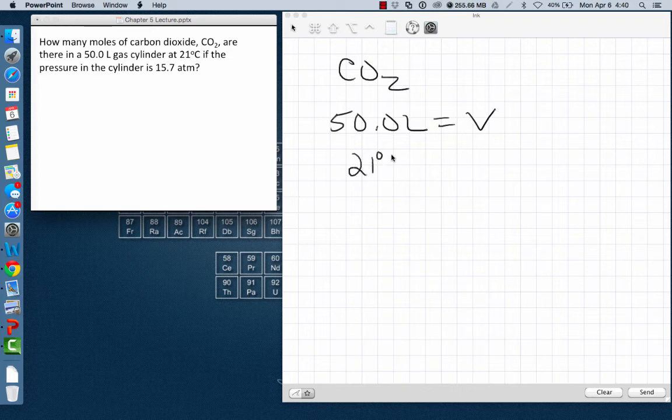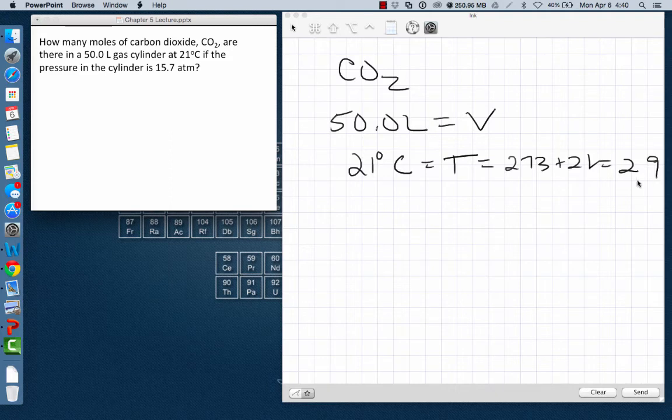We have 21 degrees C. This is T, but we need this in Kelvin, remember. So we go 273 plus 21, and we get 294 Kelvin. And we have pressure is 15.7 atms. This is P. So we don't know N.